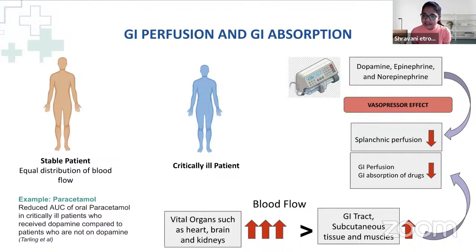They observed the AUC of paracetamol in patients with dopamine and without dopamine. It was clearly seen that there is a significant reduction of AUC of oral paracetamol in critically ill patients receiving dopamine compared to those not on dopamine. So it means that the efficacy of paracetamol is reduced in patients who are on dopamine due to the vasopressor effect.